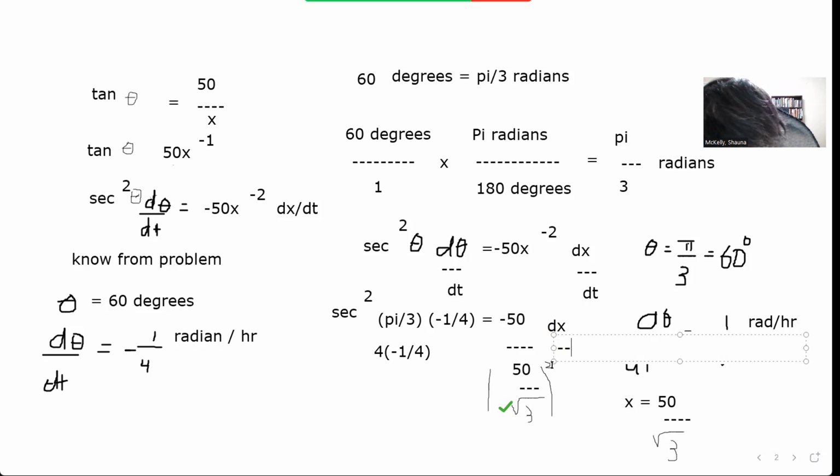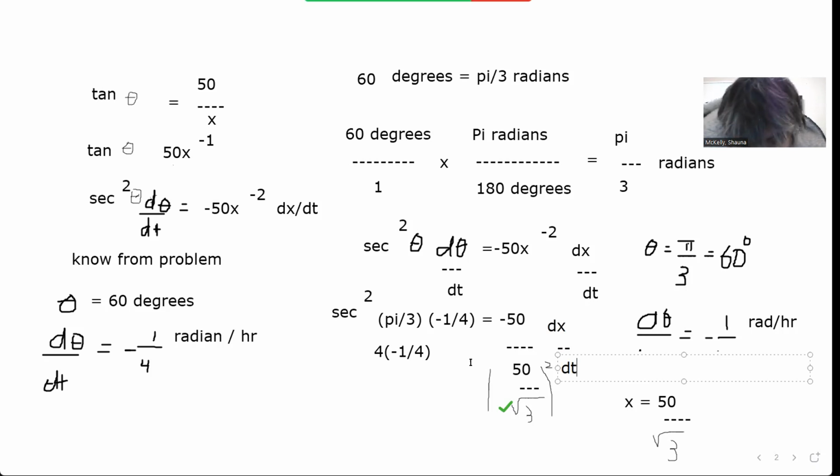So just to clean this up just a bit, we're solving for dx dt. So we have 4 times negative 1/4 is equal to negative 50 over 50 square root of 3 squared dx dt.